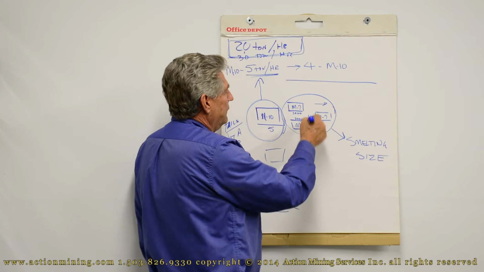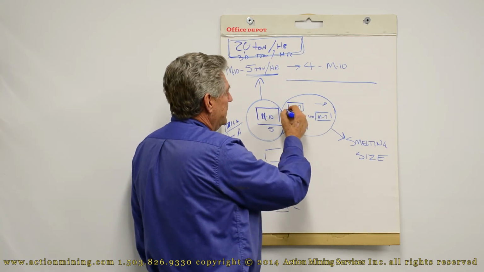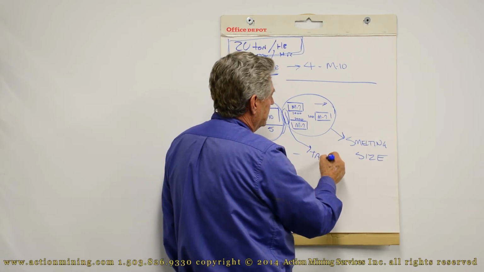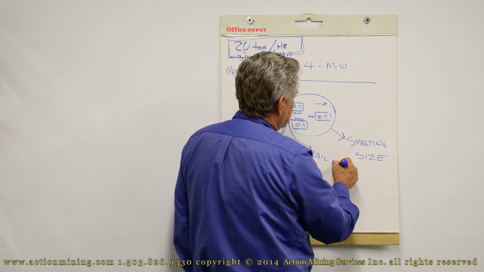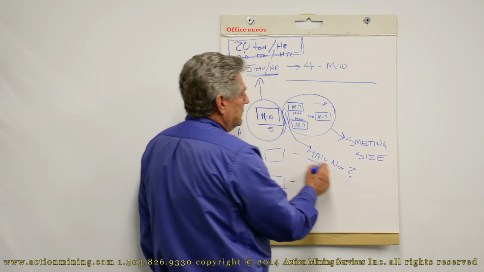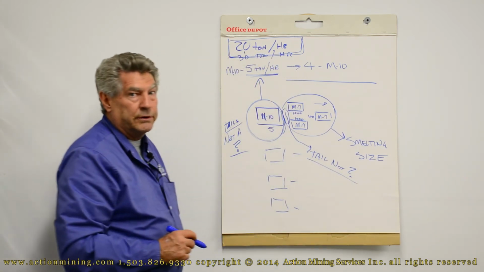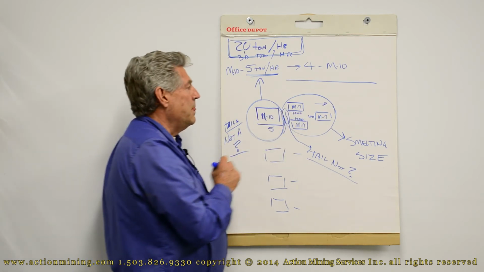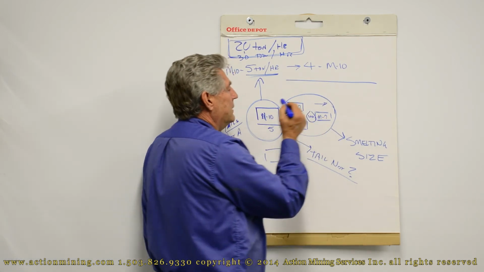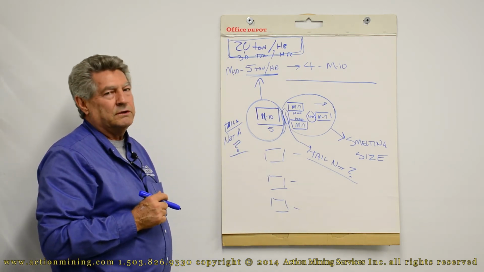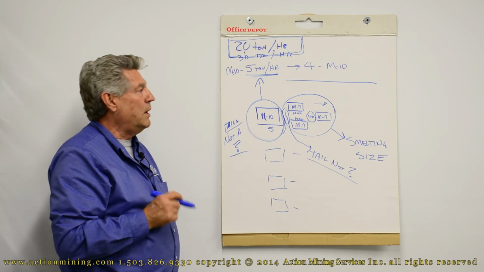If you're running this at optimum size, these tails are not a question. There isn't enough gold in there to worry about, because you're running these properly. Now, this 100 pounds here, the tails off of that, it just depends on what you're doing, if you're doing it right.